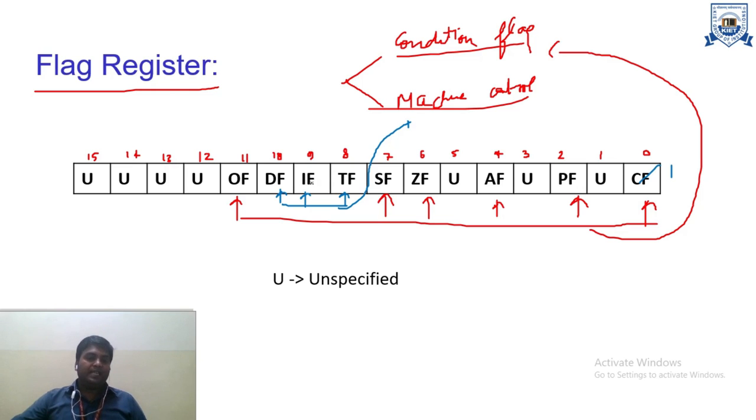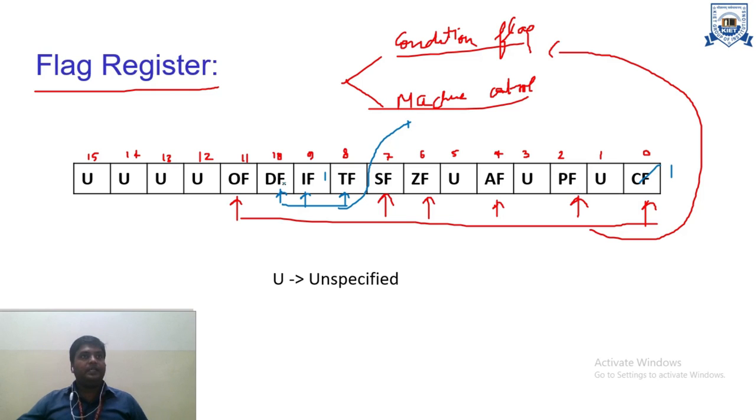In the interrupt flag, if the value of IF is 1, it means all the maskable interrupts are accepted; otherwise the maskable interrupts are ignored. That is the meaning of the interrupt flag. The direction flag is used in string manipulation instructions. Suppose we are reading a string from the lower address to the upper address, then its value will be 1.